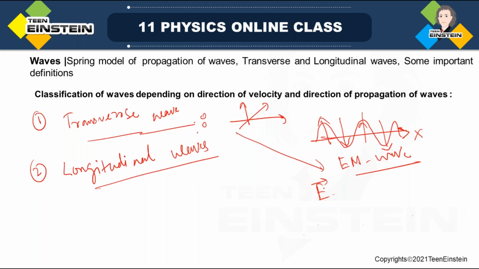Their directions are perpendicular to the direction of wave propagation, the wave propagation vector k. All right. So electromagnetic waves like light, radio waves, X-rays, gamma rays are examples of transverse waves. We'll demonstrate what a transverse wave is.